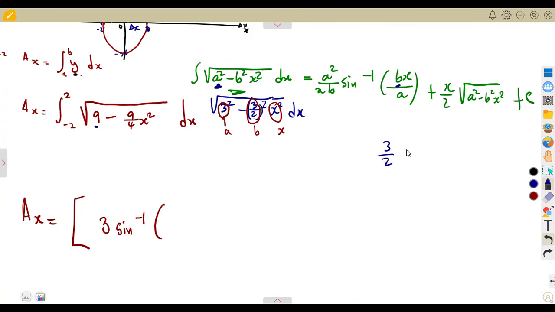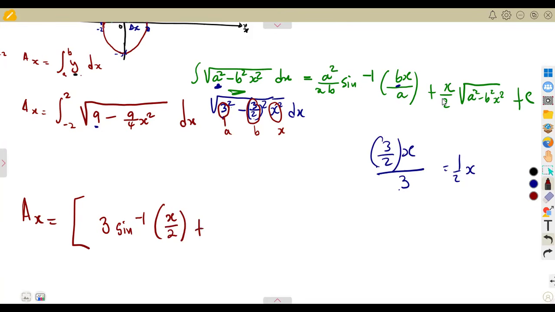So it's 3 over 2 x over a. Our a is given from 3 squared, so a is 3. If you divide 3 over 2 by 3, it's going to give you 1 over 2. So it's 1 over 2 x, which is the same as x over 2. So it's going to be arcsine x over 2. That's it.